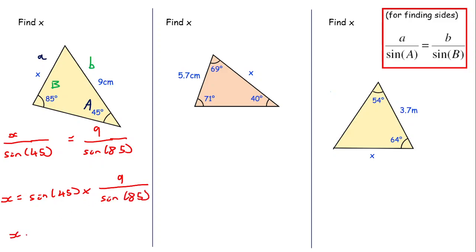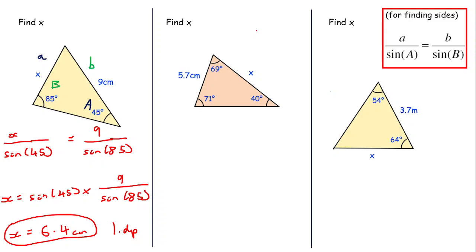Put that into your calculator, sine 45 times 9 over sine 85, and it is equal to 6.42, so 6.4 centimeters to 1 decimal place. Okay, and that there is your answer.